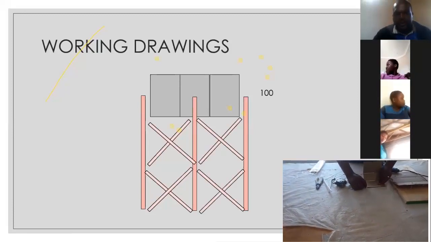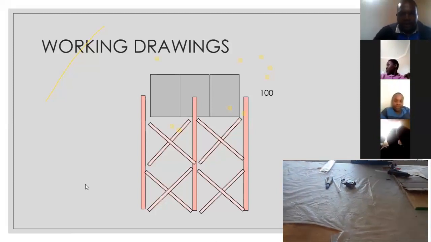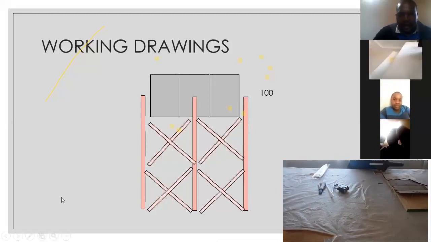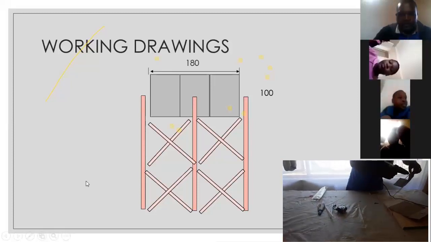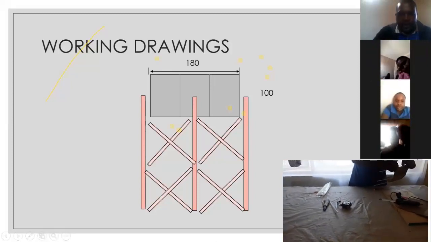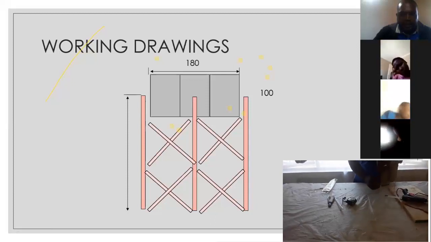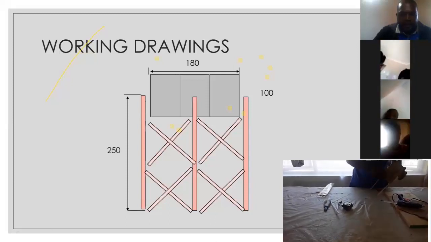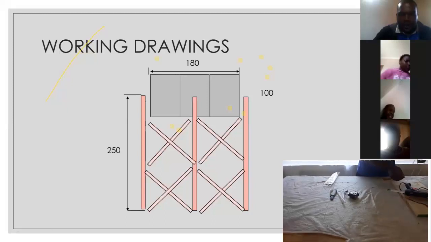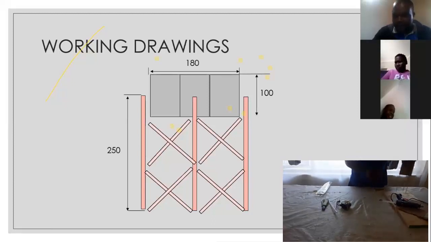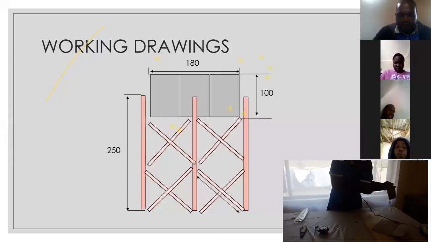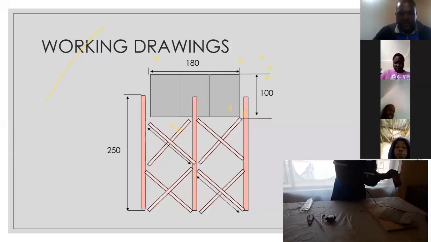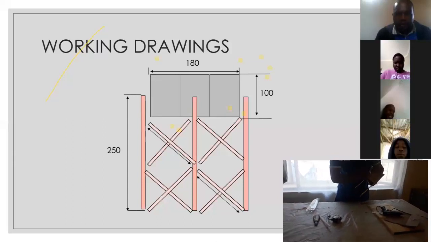So basically, this is my working drawing. The other thing I need to do there is to add dimensions. That one is 180, this one is 250, and this one is 100, and my other parts I show their dimensions. That's basically what you have to do on the working drawing.